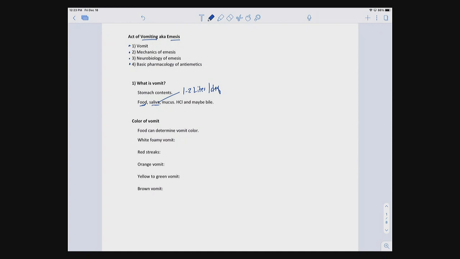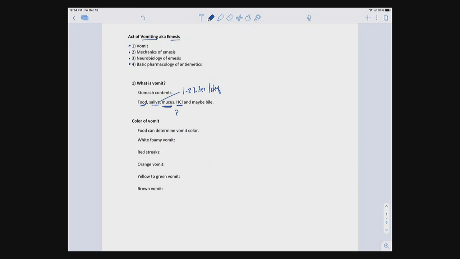Another thing that we're going to find in vomit is going to be mucus, because mucus is in the stomach. Mucus is made from specialized cells that line the GI tract, and in this case the stomach. We need the mucus there because the interior regions of the stomach are very acidic. And the major acid in our stomach is going to be hydrochloric acid.